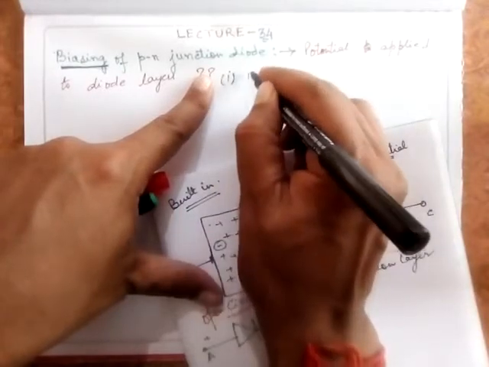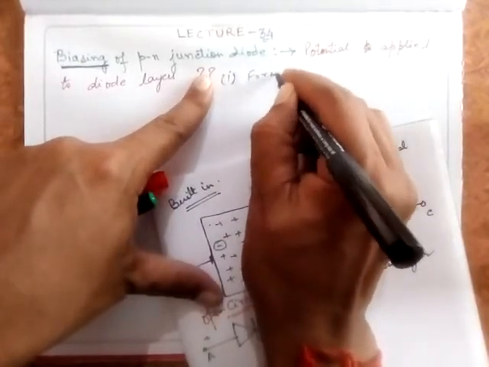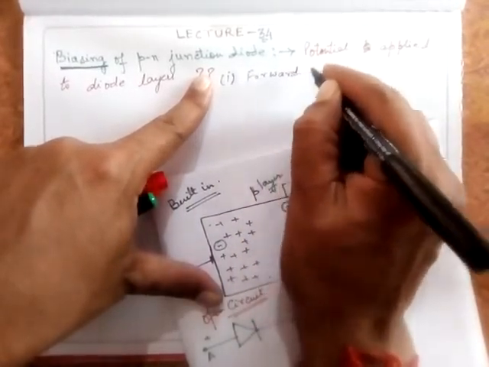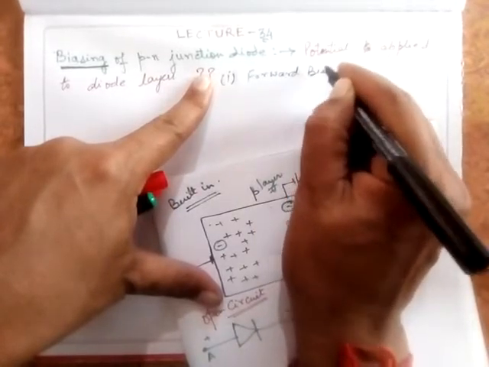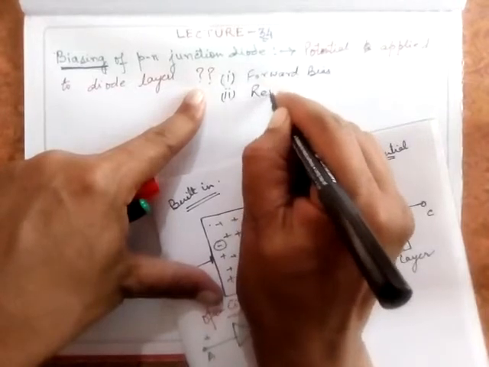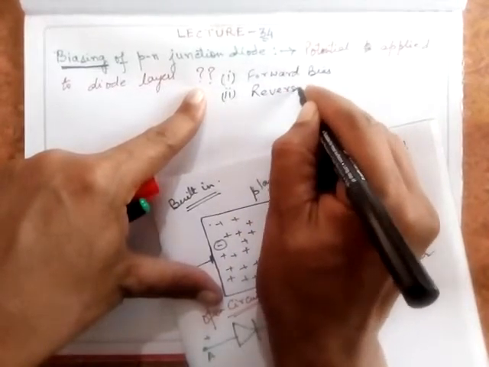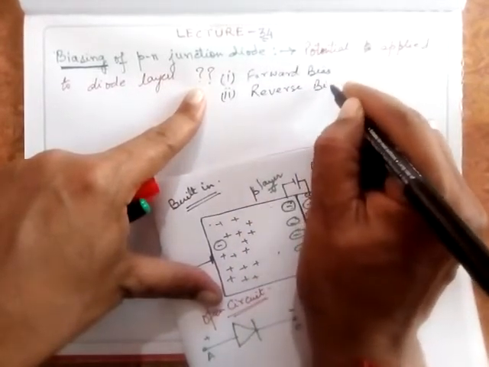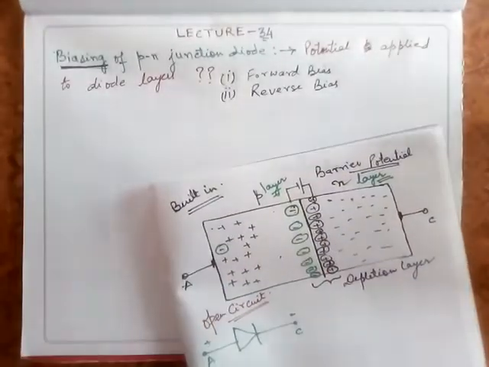First is called the forward bias, and the second is called the reverse bias. A diode can be either forward biased or reverse biased.